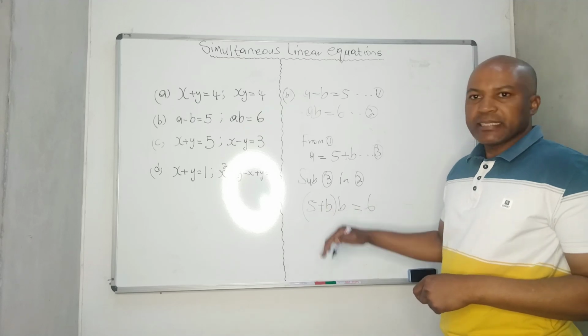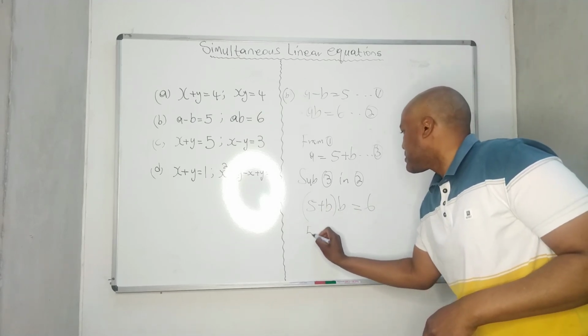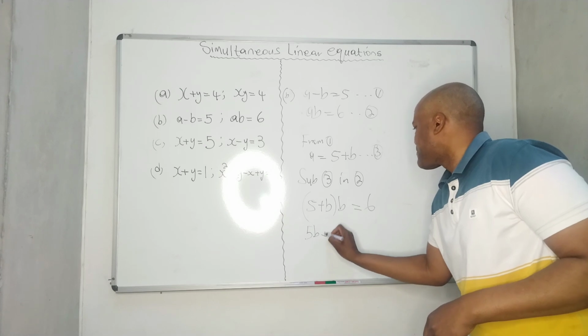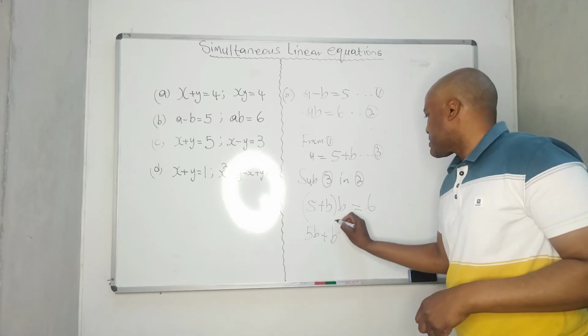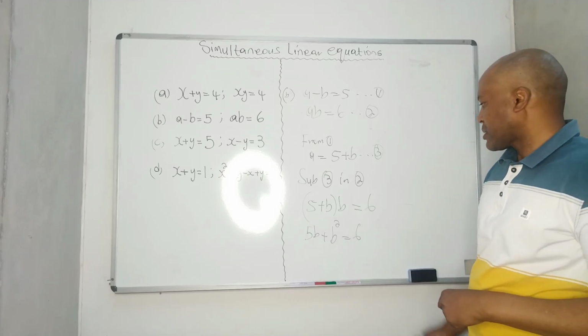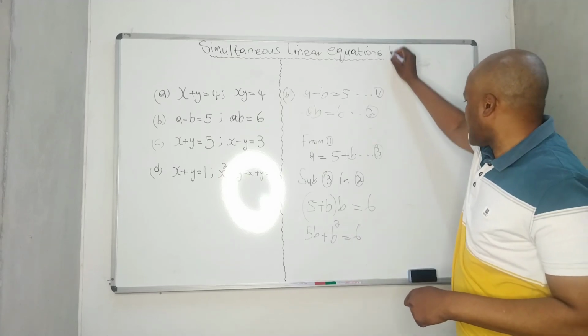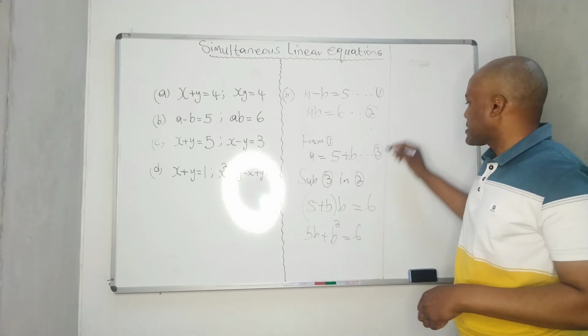I multiply b inside. B times 5, I get 5b. B times b, I get b squared is equals to 6. It's a quadratic function as well. Then now it means that I have to take that 6 to the other side.